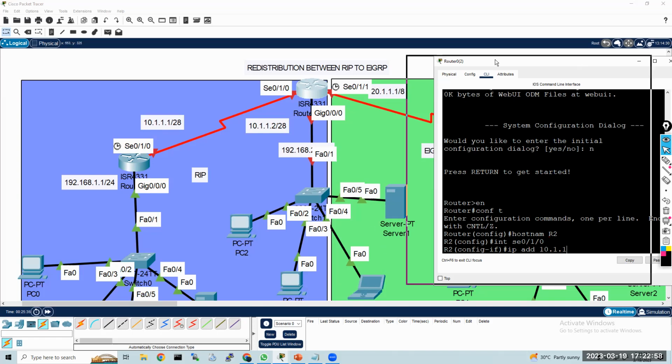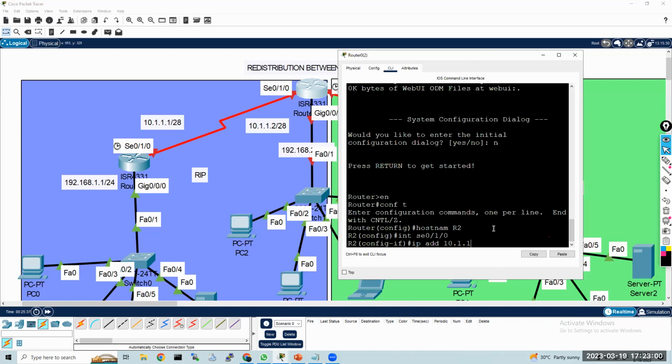But I think from that class, that should be /8, not 28. Let's consider it to be /8. Well, okay, maybe it was just an editing issue.